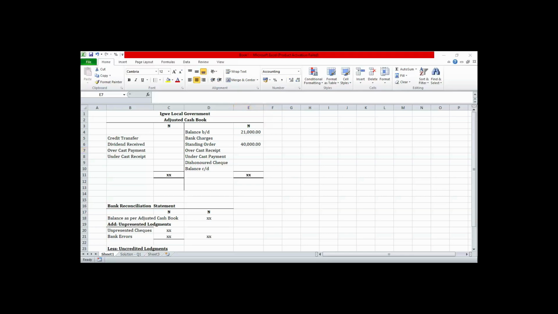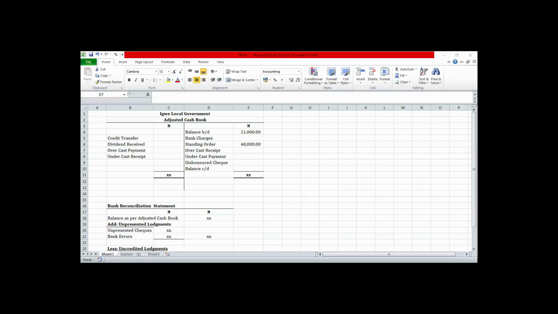A check for 103,700 sent to a supplier. They issue a check to a supplier on 30th June, which was not paid by the bank until July 6th. Which means that particular person did not present the check until July.